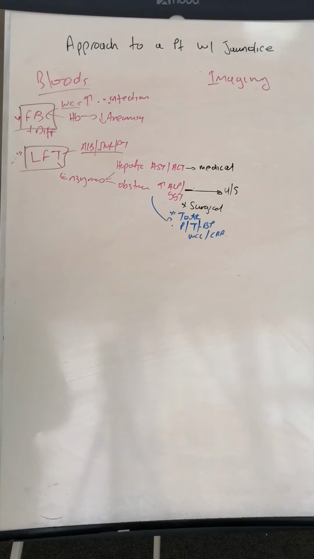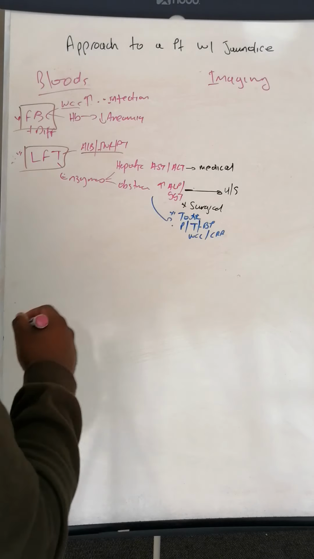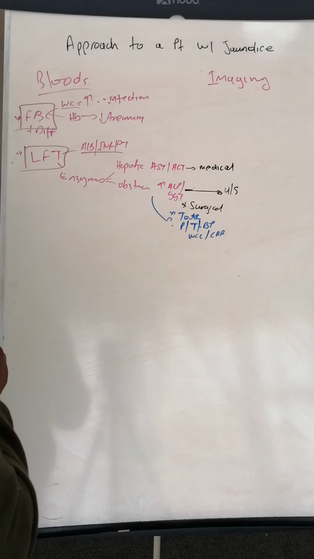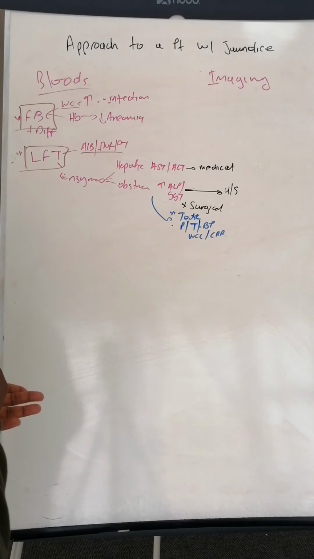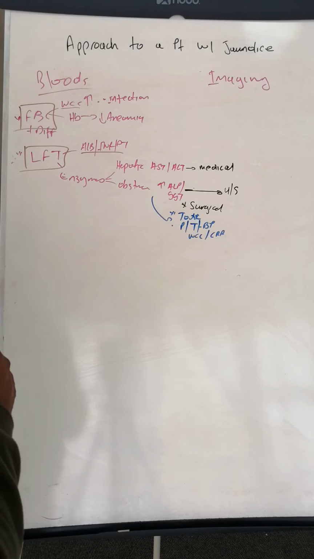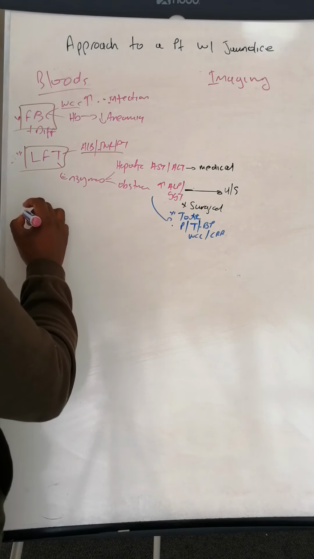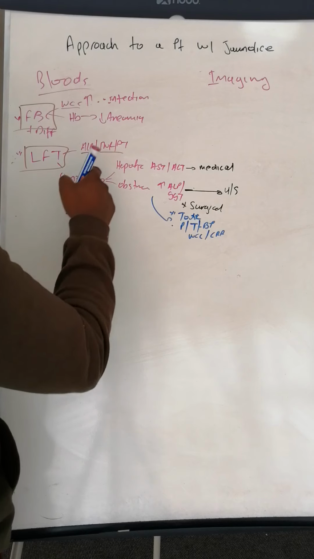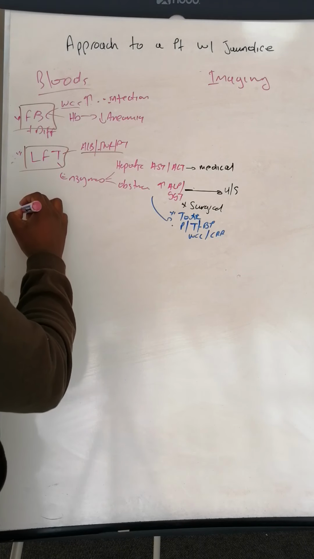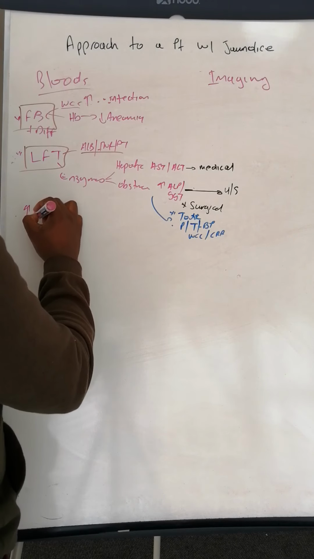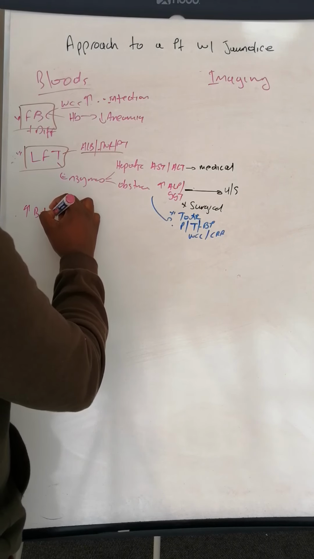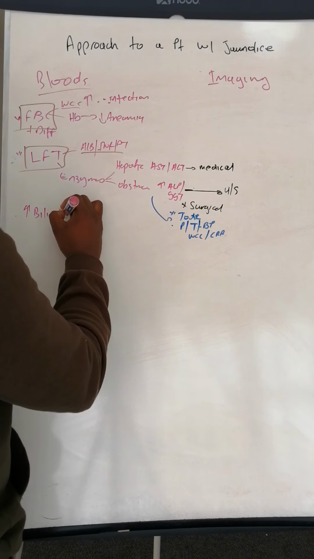Okay, so the next thing we want to see now, are we having jaundice because of a prehepatic problem, like a hemolysis problem? So the bloods that you want to do, obviously by the time you were doing your LFT, you would have gotten your total bilirubin.